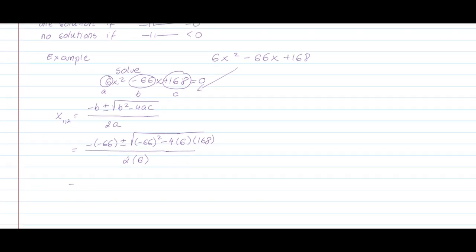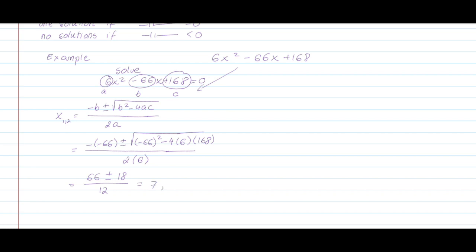And so if I put this into the calculator, first of all, negative 66 turns into positive 66, plus or minus, and I will get 18 for the square root portion, and then all divided by 12. So I'll have two possibilities. I have 66 plus 18 divided by 12, and that's 7.